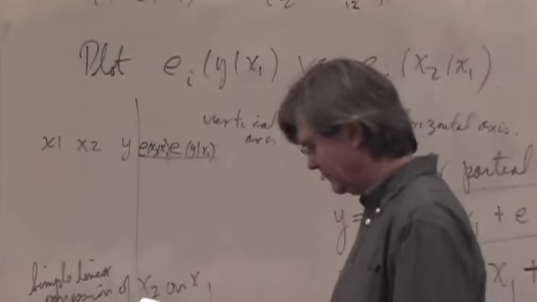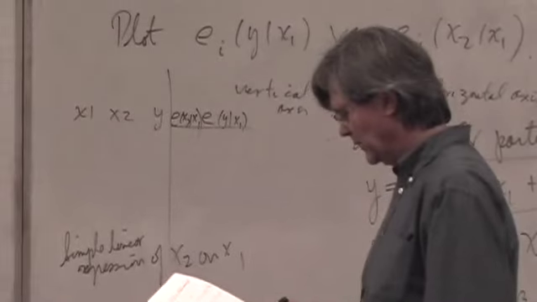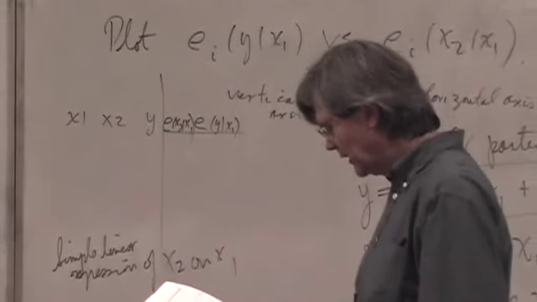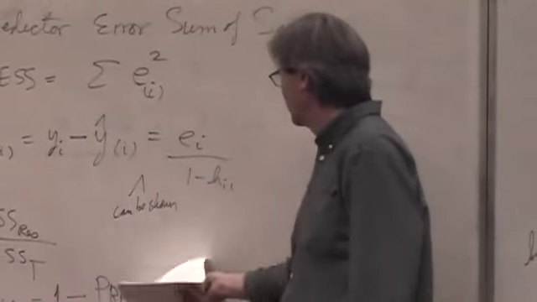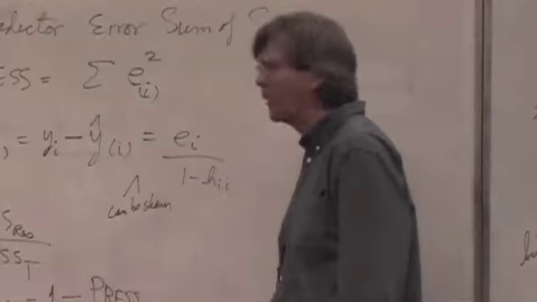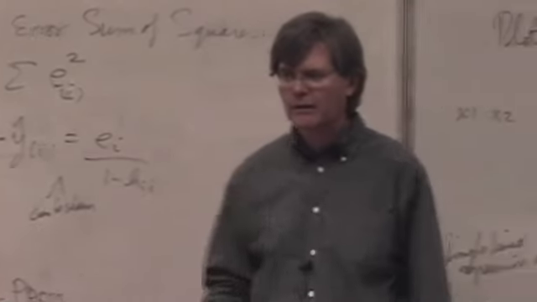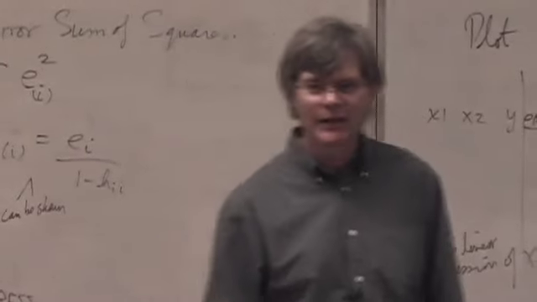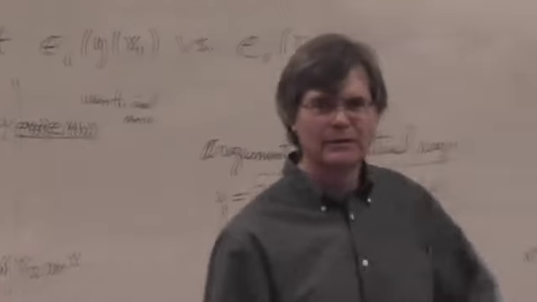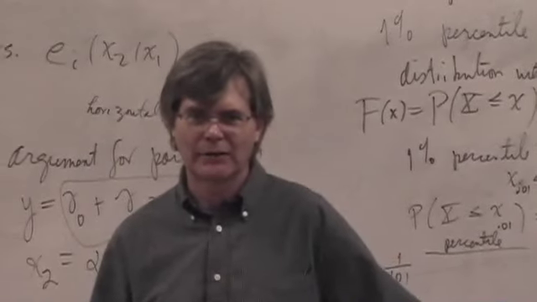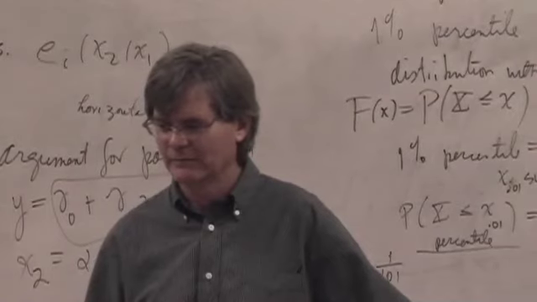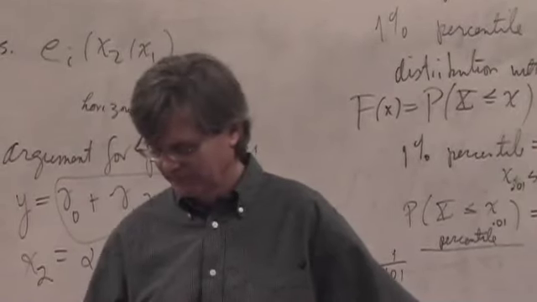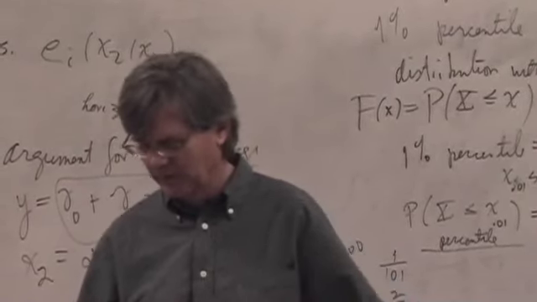And according to the delivery time data, when I added another variable, R squared went up a lot. So that was another piece of evidence that adding the second variable in the delivery time data was a good thing. Okay, so that's the PRESS statistic.